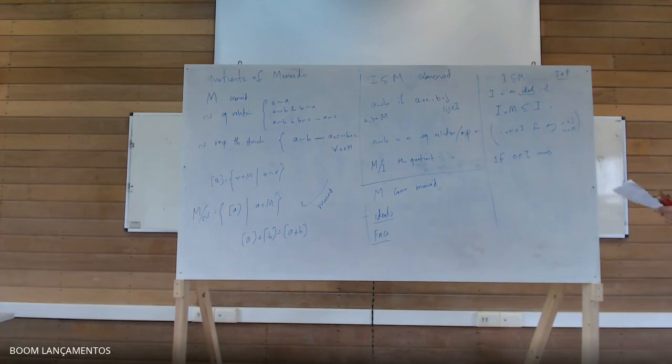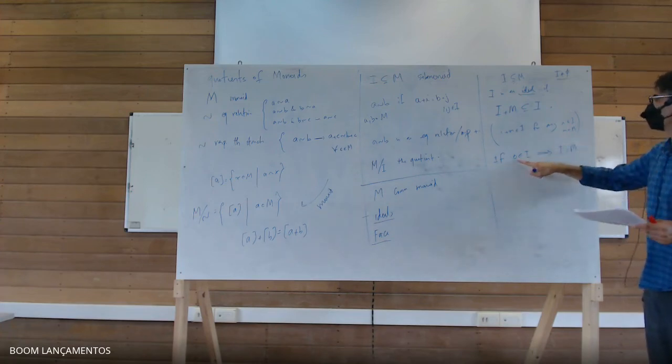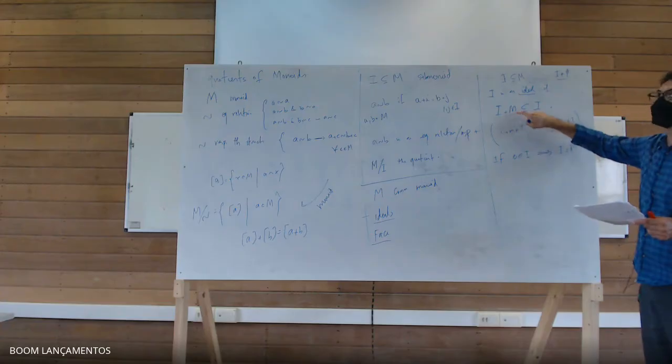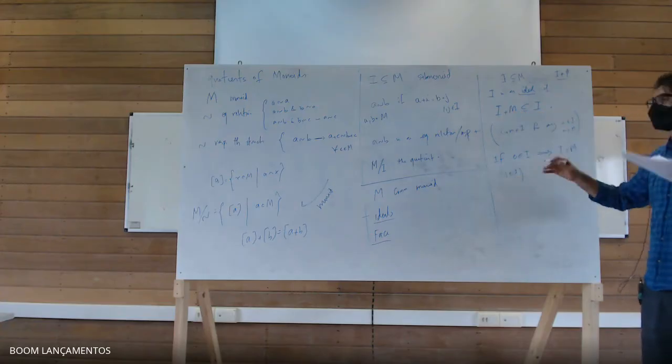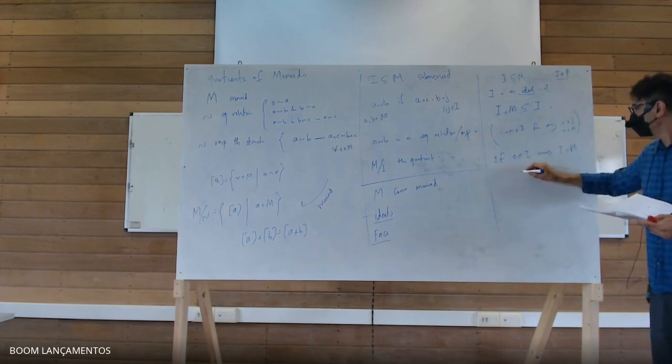M, everything, that's right. I is the same as M, because I just pick 0, and then all the elements are in the ideal, then I is the whole thing. Okay, so this is an ideal.